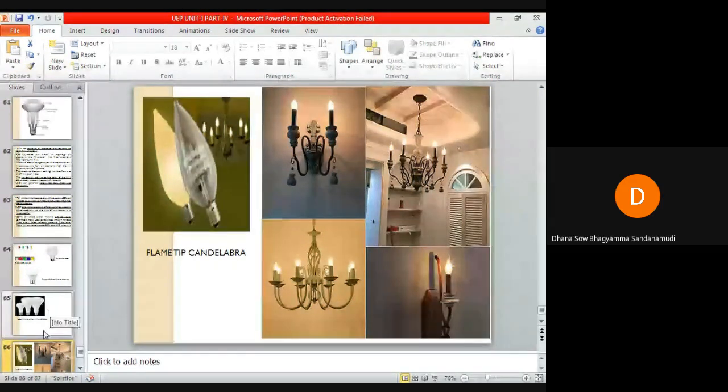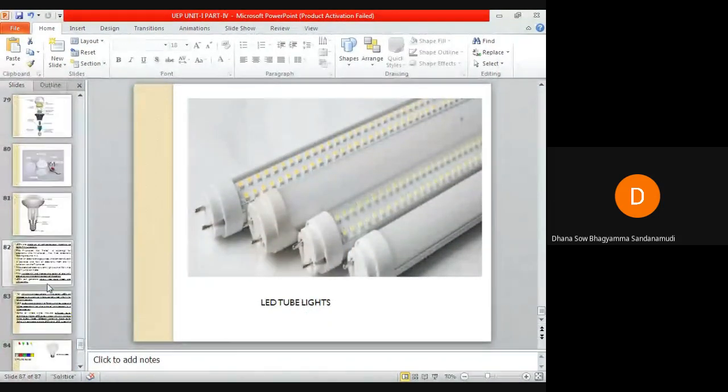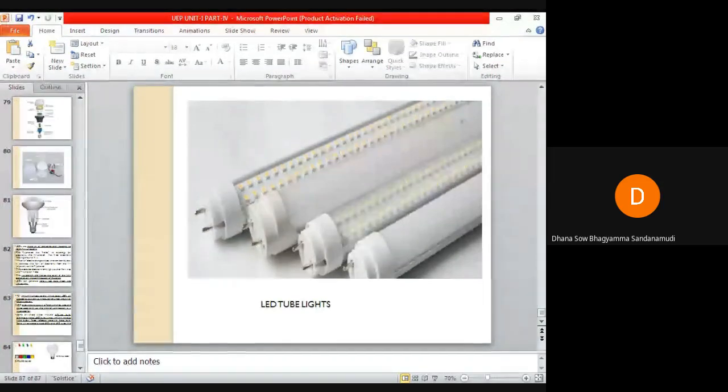And they can even be LED tube lights. These are the different types of LED lamps. This is all about energy efficient lights or lamps.